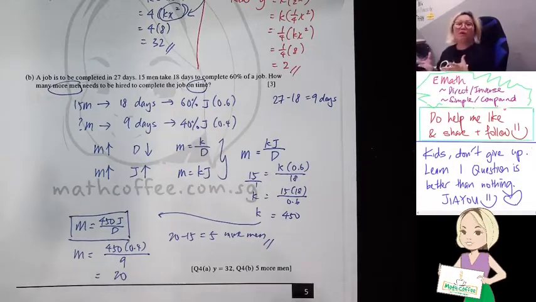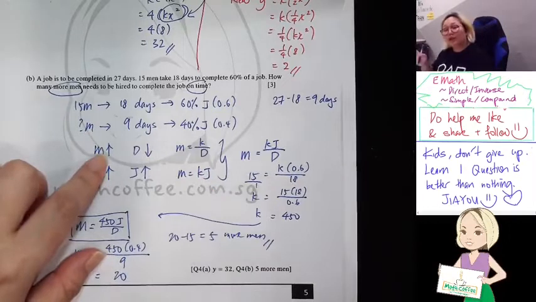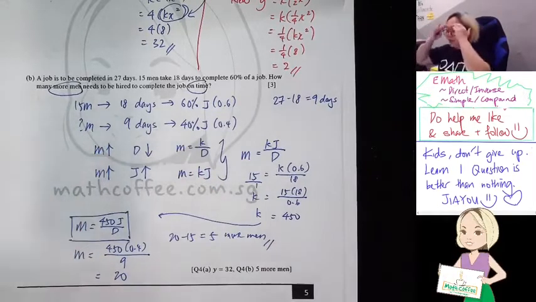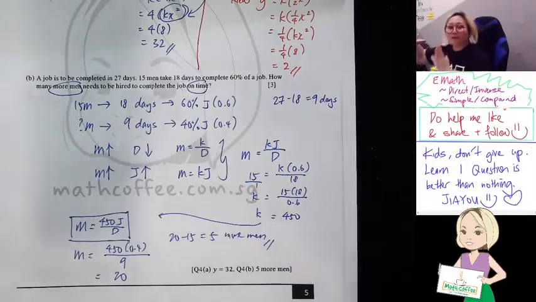So it's very straightforward. The only thing not so straightforward is you need to find out whether the variables are inverse proportion or direct proportion. But I have taught you how to find out. You just need to ask yourself, for the same job, if I have more men, what happens to the days? More men will take fewer days to complete the same job.